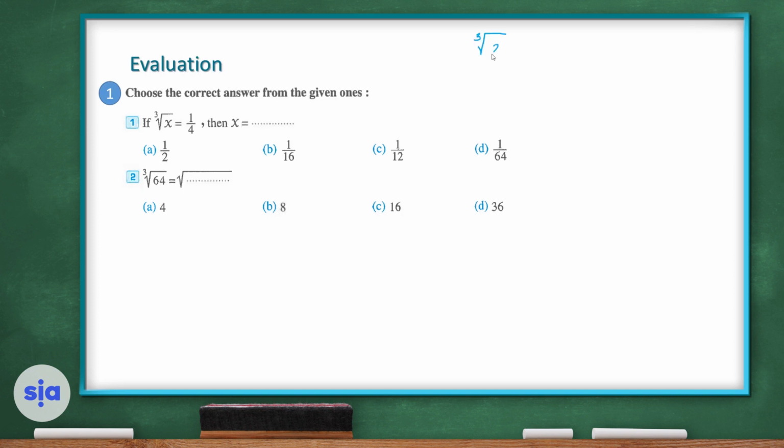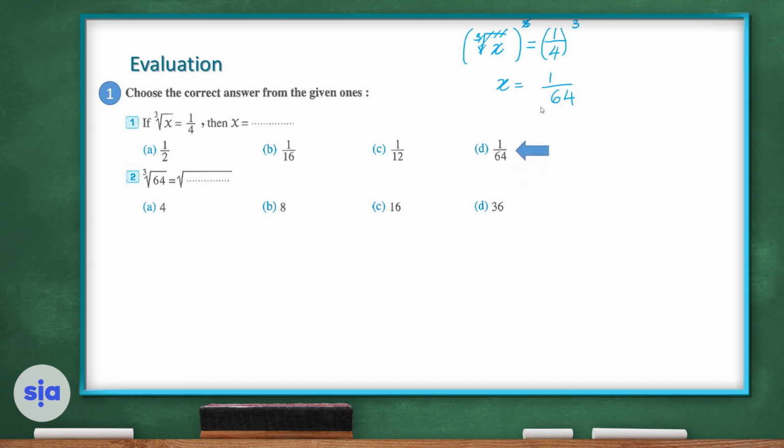So here we have the cubic root of x equals 1 over 4. If we want to get rid of the cubic root, we make a power of 3 on both sides. So this power of 3 crosses out the cubic root, then x equals 1 to the power of 3 over 4 to the power of 3, which is 1 over 64. Then in this problem, our answer is choice D.